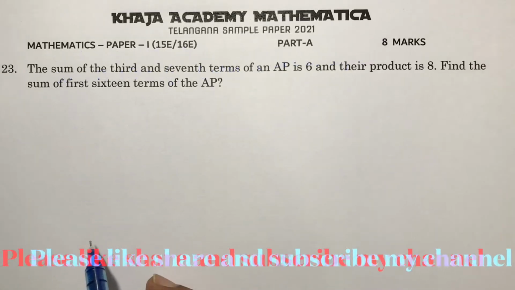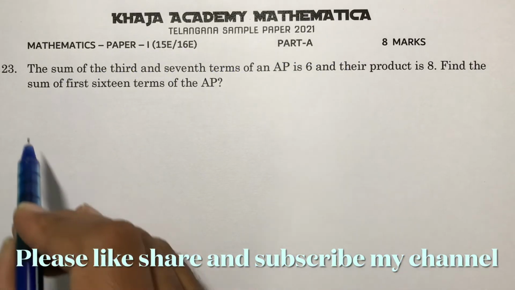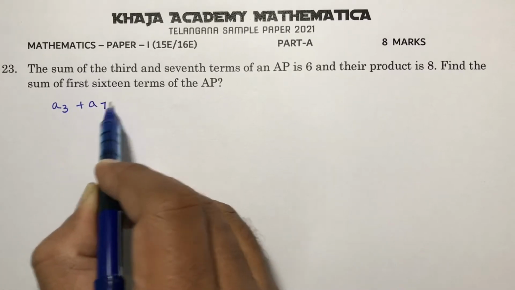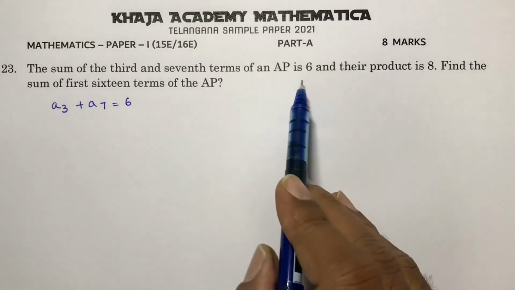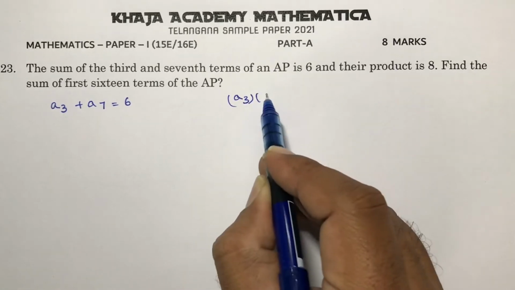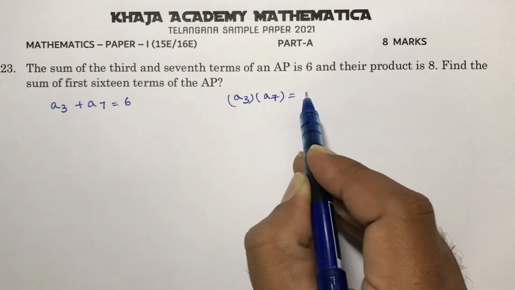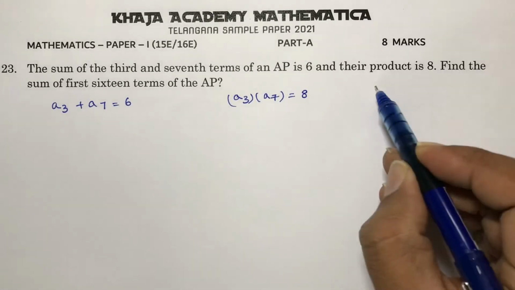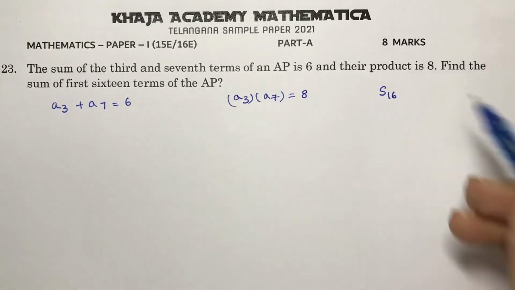The sum of the third and seventh terms of an AP is 6, and their product, third term into seventh term, is 8. Find the sum of first 16 terms. We need to find S16.